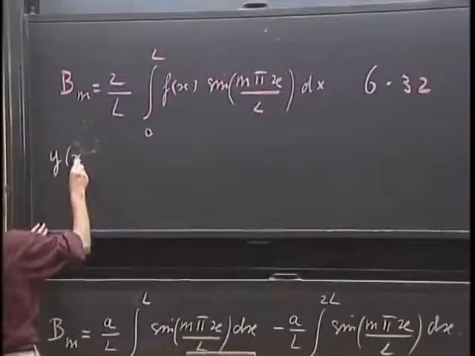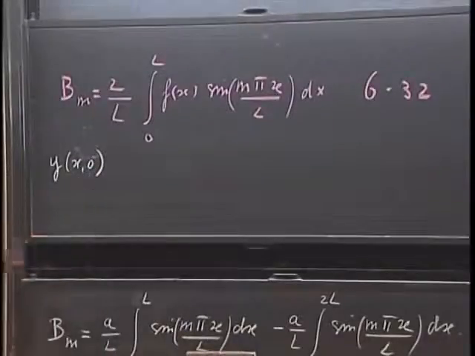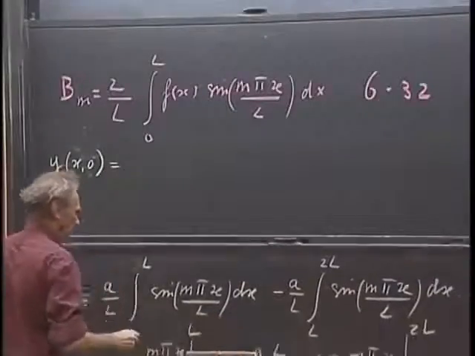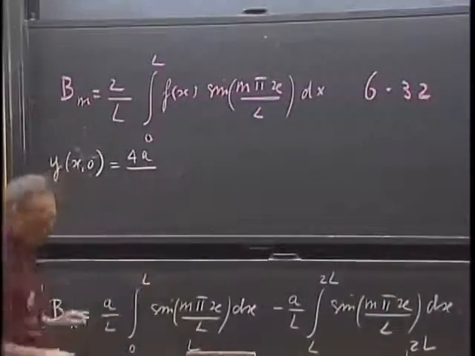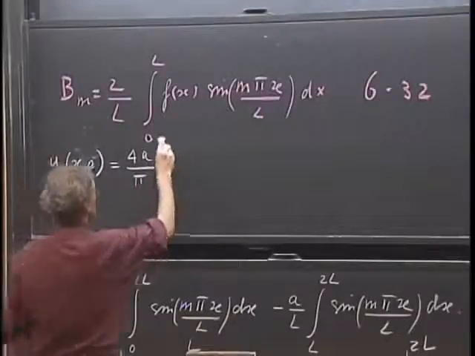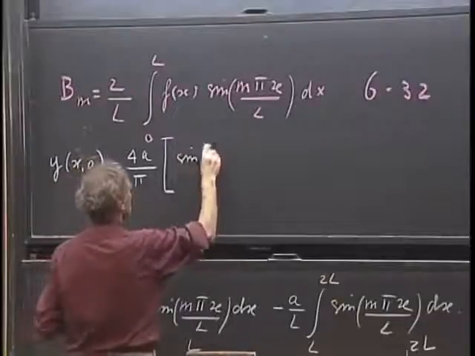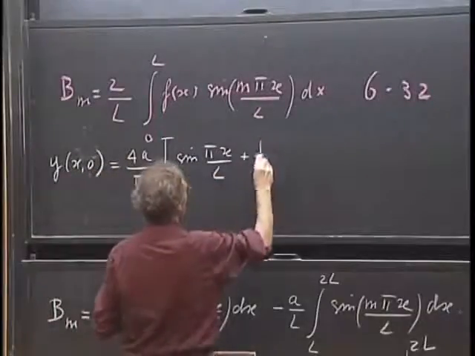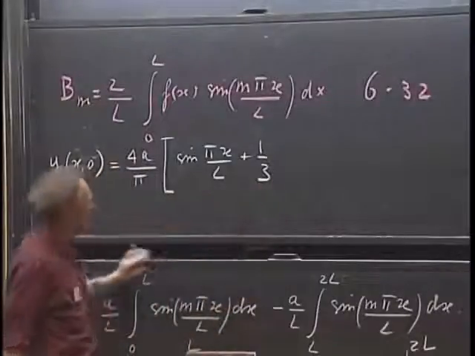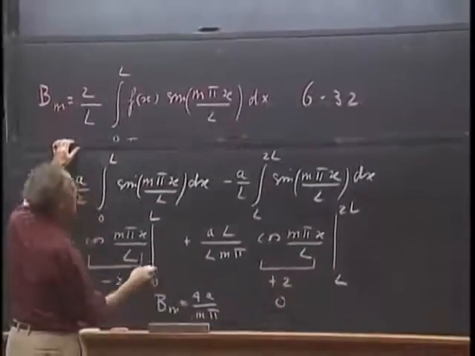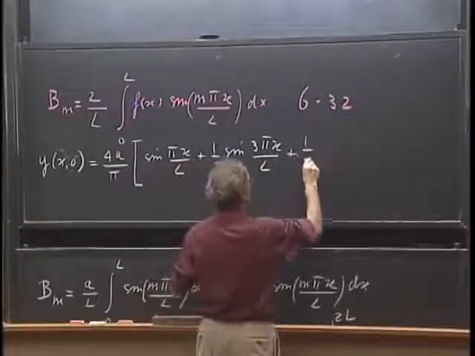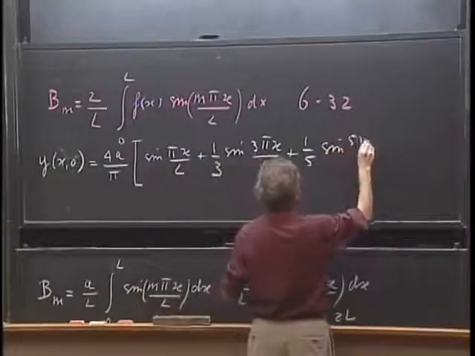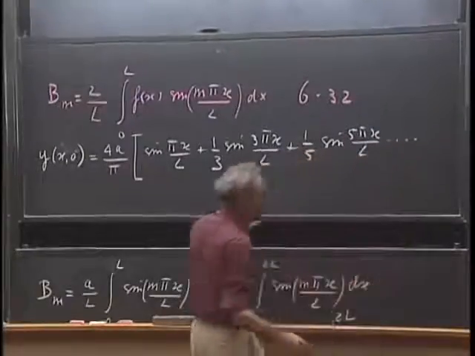Y, and I put a 0 here because this is at time equals 0 when I have this string in this crazy shape, can now be written as 4a divided by pi squared, times the sine of pi x divided by L, plus 1/3, that is m equals 3, which is 3 times lower because you have an m squared here, times the sine of 3 pi x divided by L, plus 1/5, and then you get the sine of 5 pi x divided by L, and so on and so on.